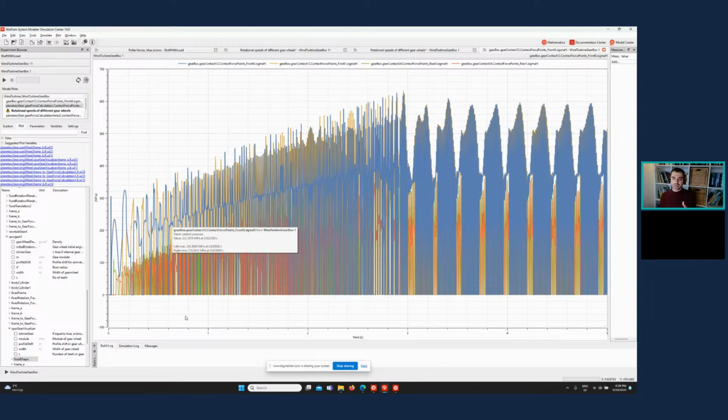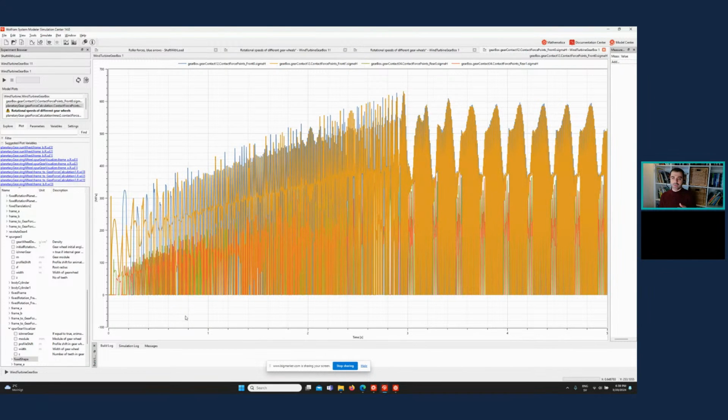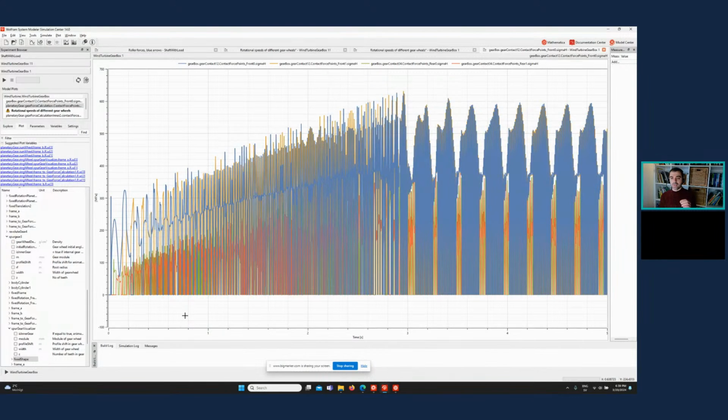Depending on that, we see what type of stress we develop. Also, we can check the indentations, how much deflection we have in the teeth.